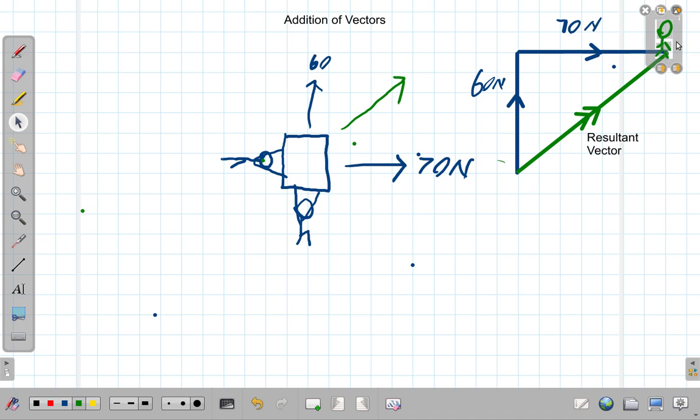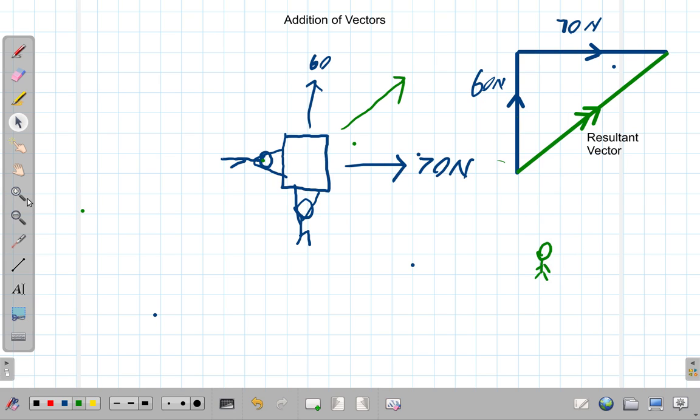Now, when you're walking around the triangle and you're going this way, you're being opposed by the arrows of the resultant. So remember, you're following the arrows, the direction of the arrows on the two vectors you're adding. But when you're coming this way now to walk around the triangle, you're being opposed by the arrows on the resultant. So that's a triangle law.